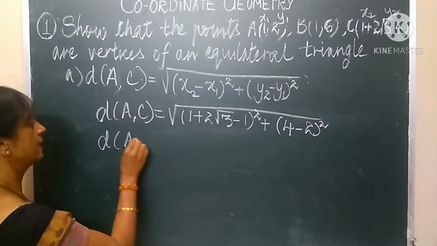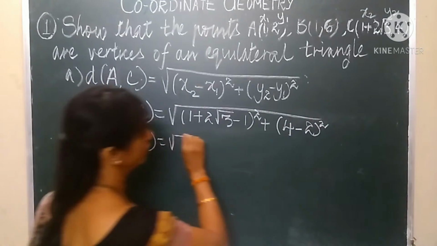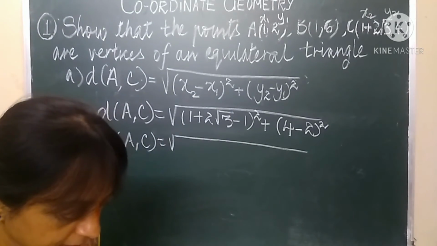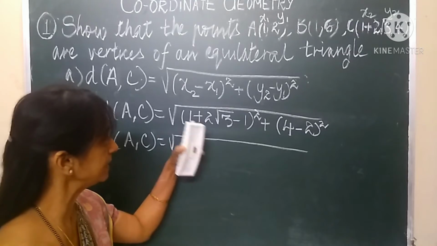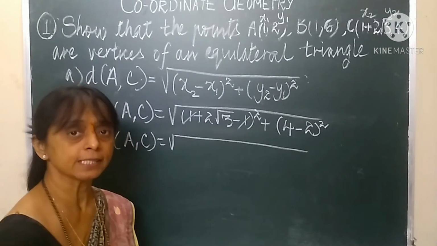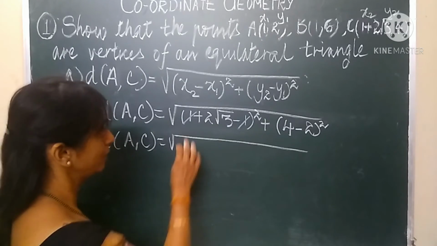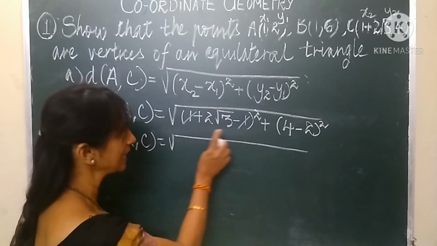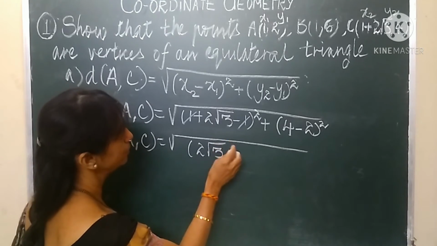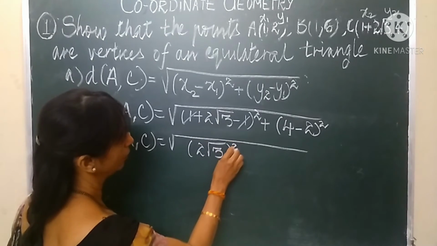So distance AC will be equal to, let's look inside the bracket. What do we have inside the bracket? We have again plus 1 minus 1, which cancels, same numbers with opposite signs. So the value definitely is 0. So you can cancel it. So again we are left with the same number, 2 root 3 the whole square.